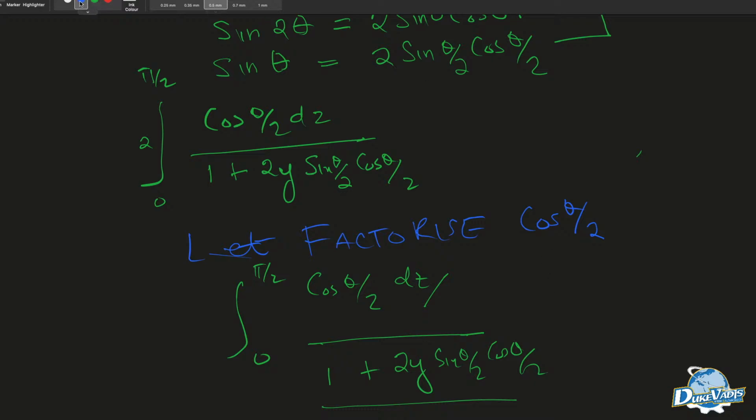So we divide that one. This will be cos theta over 2 all over cos theta over 2.